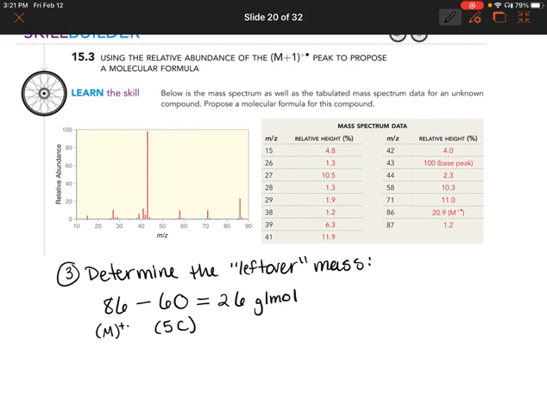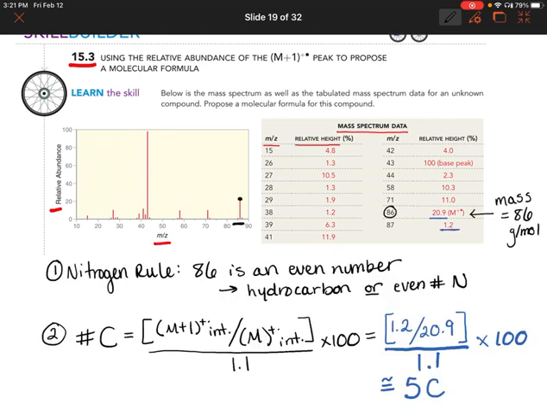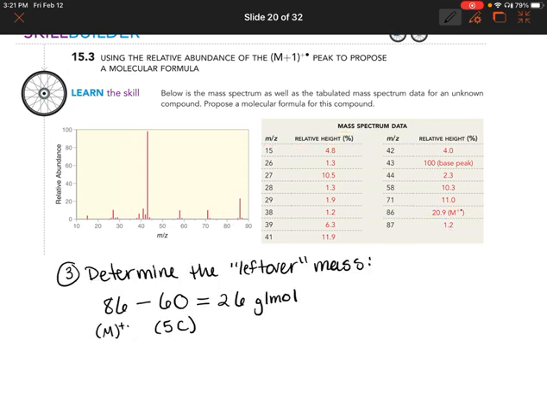Now that's the mass we have to work with to figure out what other atoms we have in our molecular formula. Earlier in step 1, we said that according to the nitrogen rule, we either have a hydrocarbon or an even number of nitrogens. So let's see if it's possible to have 2 nitrogens in our molecule, because 2 would be the lowest even number of nitrogens that we could have.